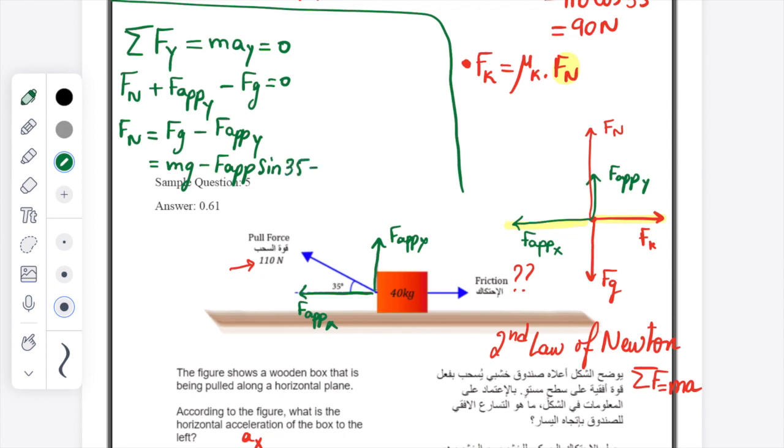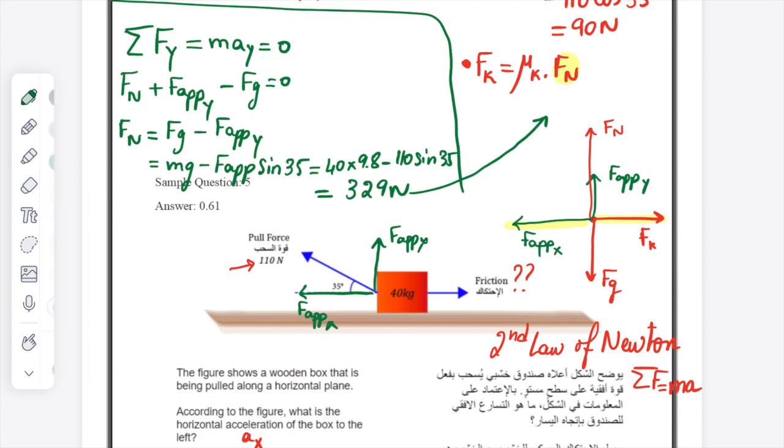By applying the values, the numerical application, here I have 40 kilograms by 9.8 minus 110 sine of 35, giving 329 Newton.